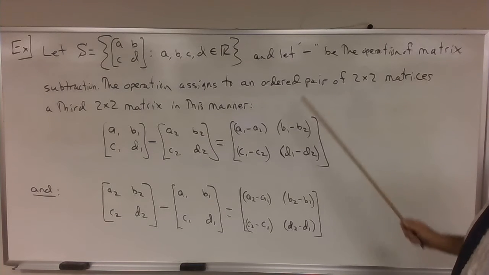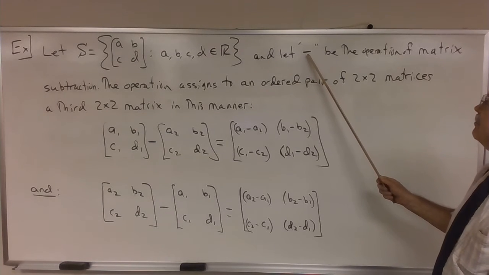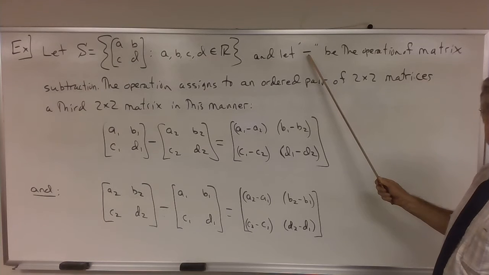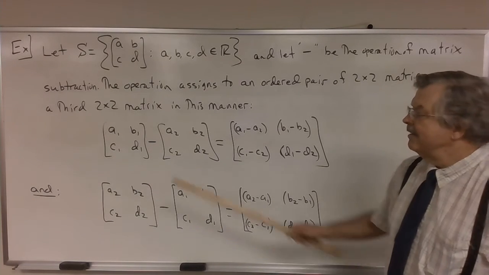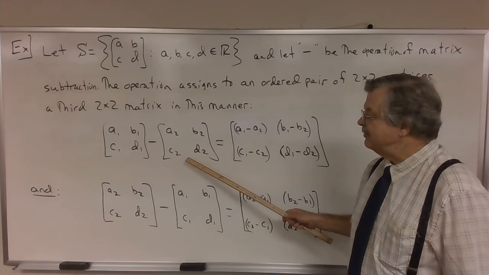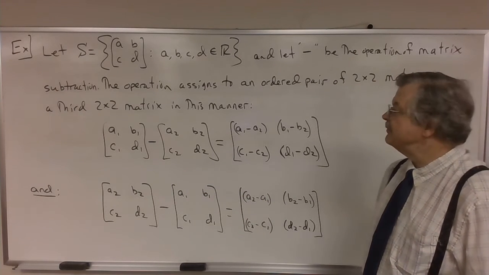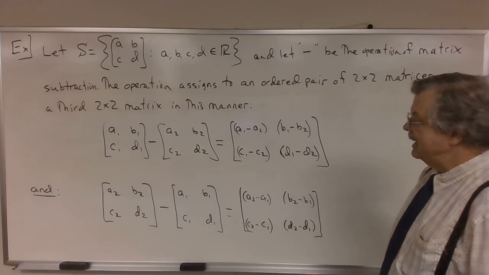And here we're dealing with the operation minus. This is going to be the operation of matrix subtraction. From the first matrix, we subtract the second matrix. And it's done in this manner.